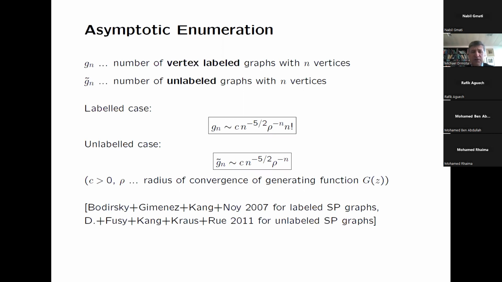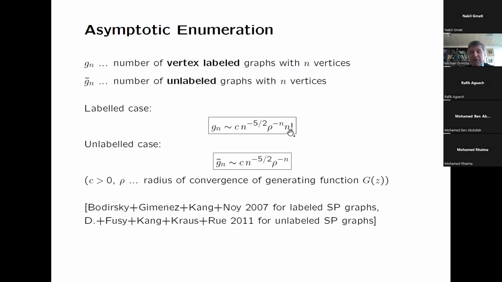And it turns out that there is a kind of universality in the asymptotics of the number of these graphs. So, for example, if you consider the labeled case, you have the number of different labeled graphs of size n of this form: constant times n to the minus 5 over 2 times the exponential factor times n factorial.